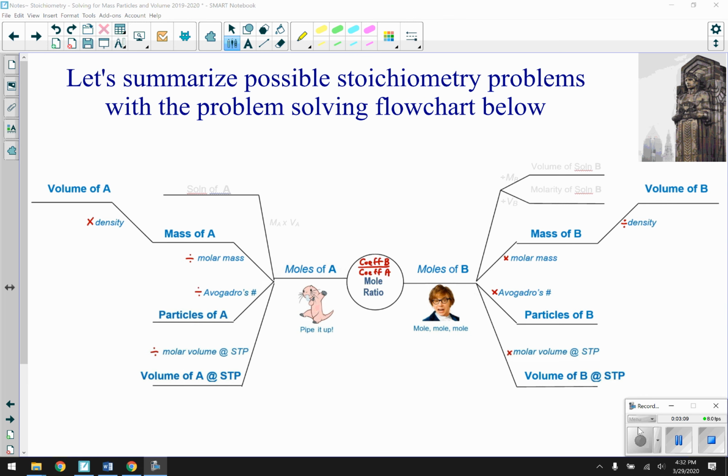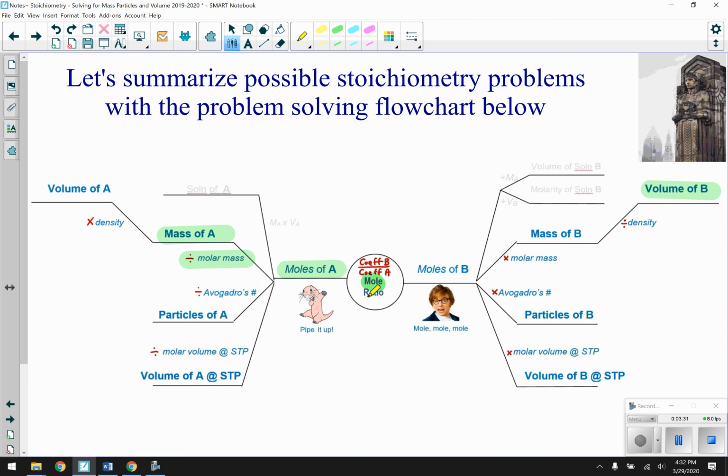Problem number 4 was where we introduced volume, and we found volume using density. So it was a mass of A to volume of B using density. Mass of A, first step, always get to moles of A: divide by the molar mass.